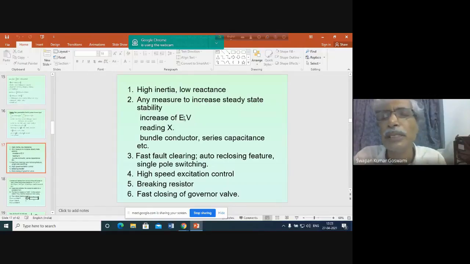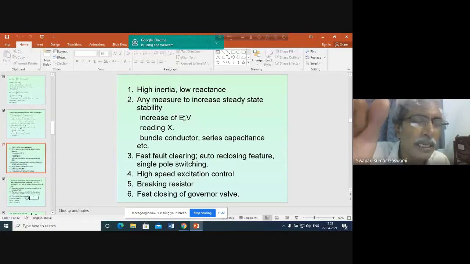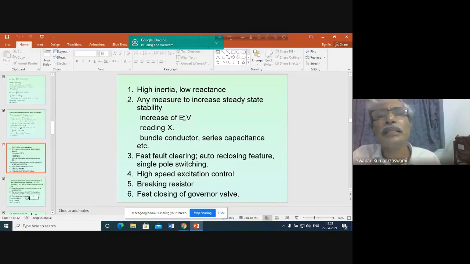Because I already mentioned that a higher steady state stability limit means a lower initial operating angle, and the smaller the initial operating angle, the larger the angle the generator will get before it loses synchronism. So you will be able to apply the controls in a better way.